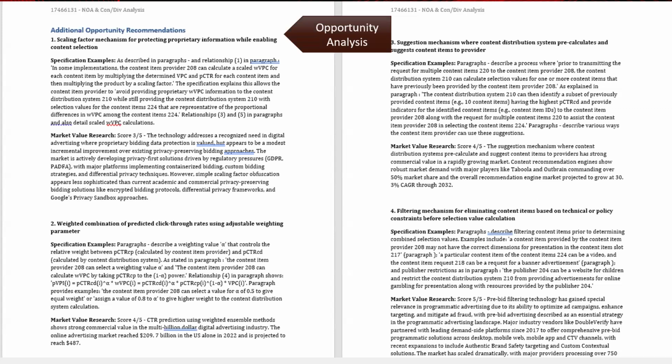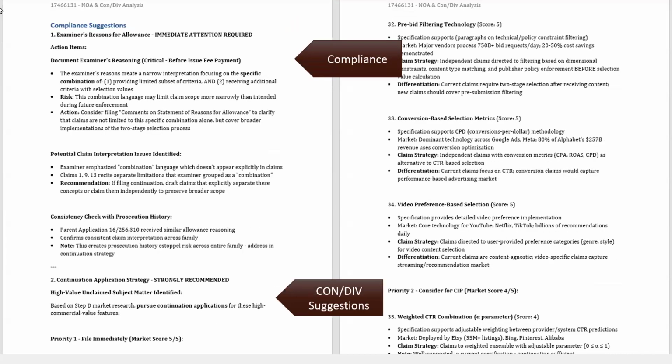So you've got this opportunity analysis. And then after that section, we go into some compliance. This is driven off of a general compliance checklist that we keep for notice of allowance timeframes and that process.